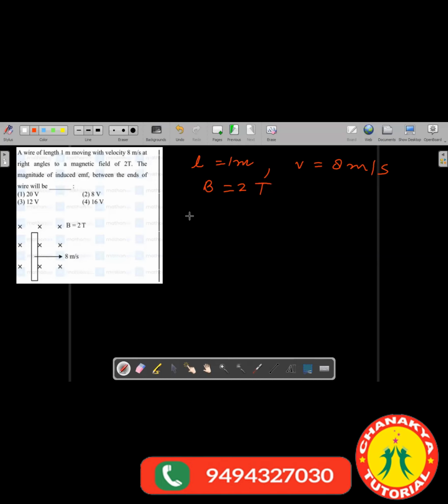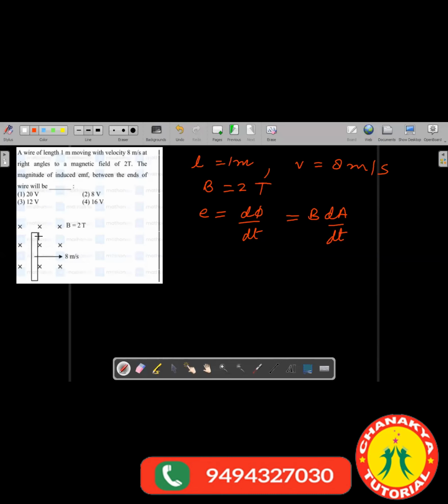Using this, I can find the induced EMF, which will be equal to d phi by dt. Since the magnitude of the magnetic field is constant, I will put B as constant and dA by dt.